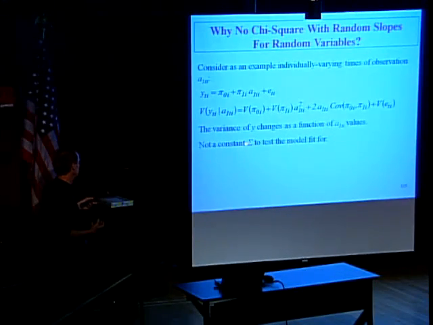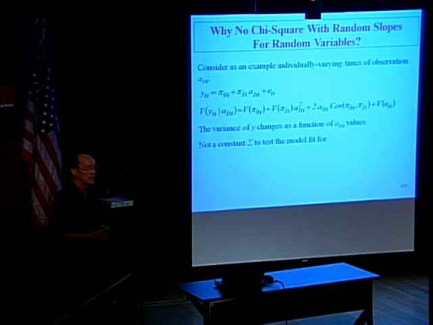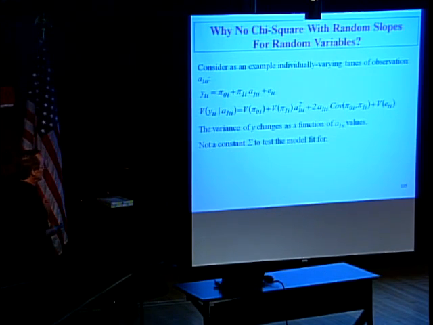There's not a constant covariance matrix for Y to test the model fit for. There's not one covariance matrix. So the mean and variance covariance matrix testing of SEM falls apart here.